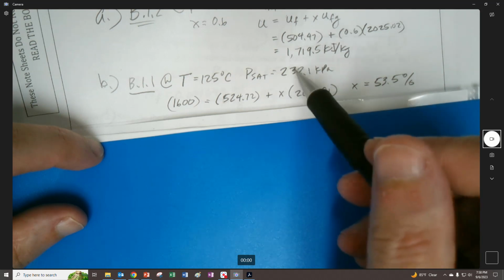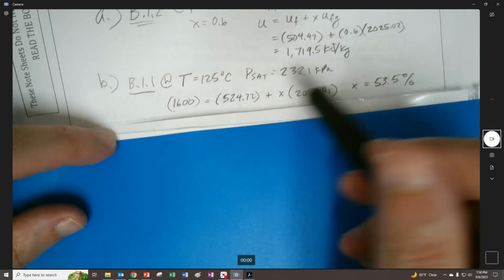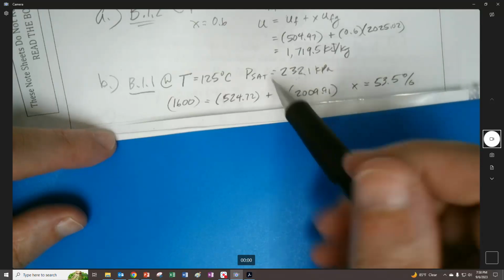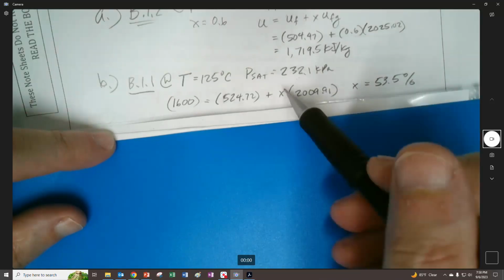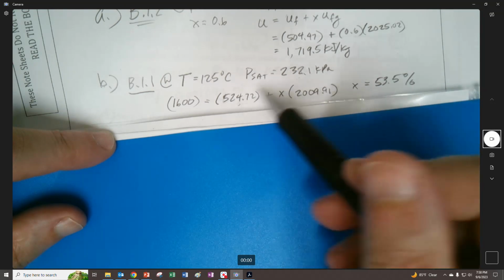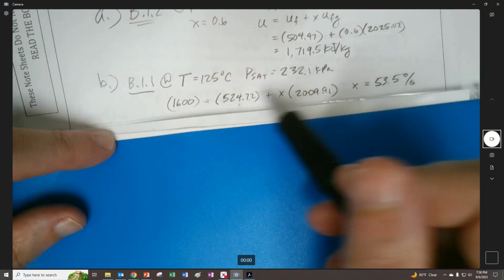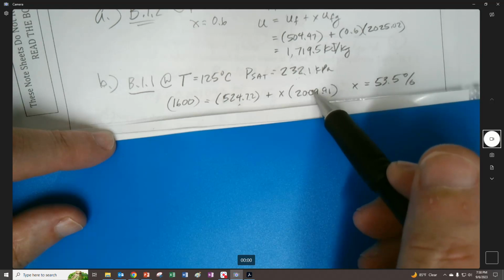We don't know this, but we might. It depends whether the thing is superheated or not. So we're still going to look. But we go ahead and look at the internal energy, and it's in between the fluid one, I didn't bother to write it down, and the gas one right there.